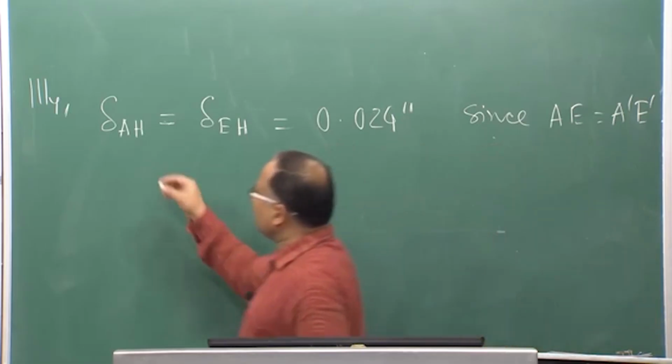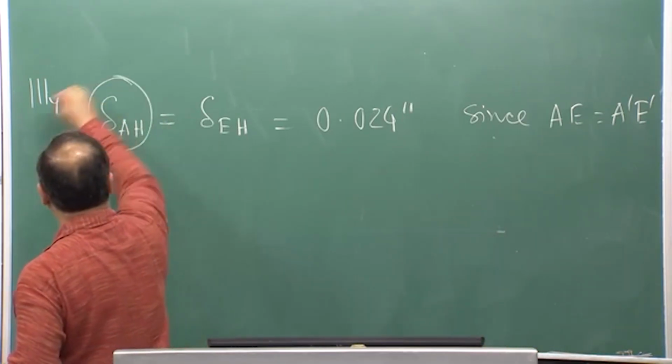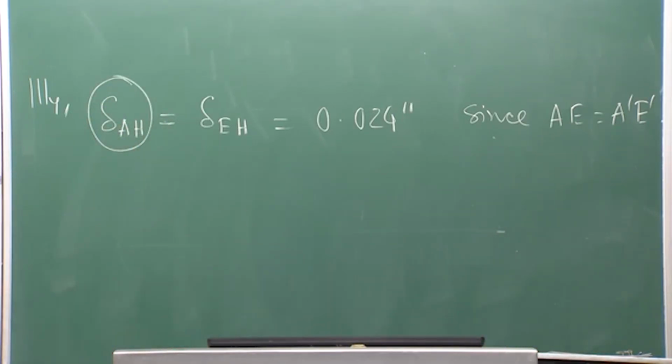So what we have got is the horizontal displacement of point A, which is nothing but 0.024 inch.